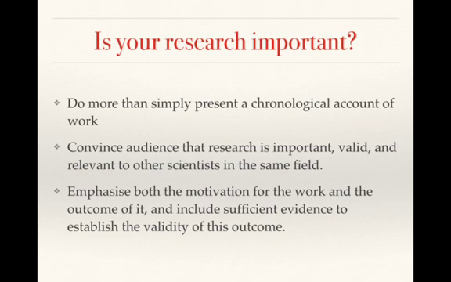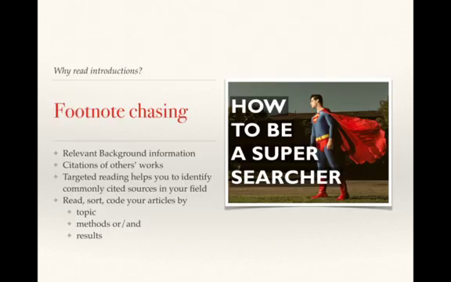Have you convinced the audience that your research is important, it's valid, and it's relevant to other scientists in the same field? Have you emphasized the motivation of the work? What made you do this? And the outcome of your work is also important, including sufficient evidence to establish the validity of this outcome.